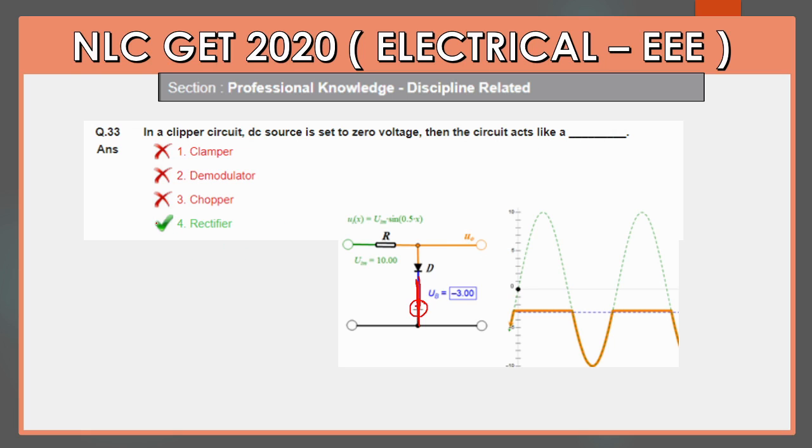The answer will be rectifier, because if you set the DC voltage source to 0, our graph will be shifted to here. It will be like this. It is nothing but a rectifier output, so the answer will be rectifier.